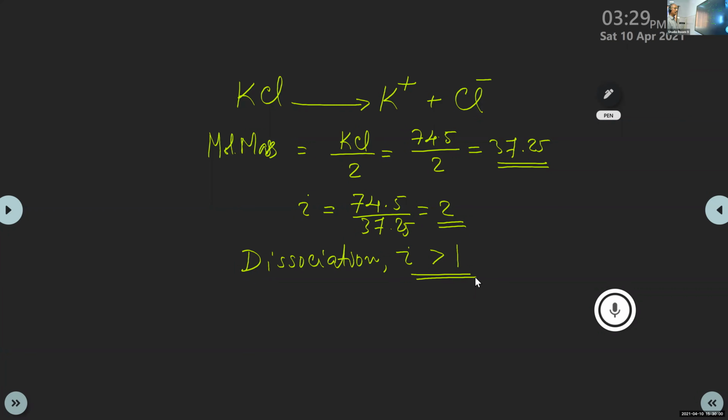If there is dissociation or ionization, the Van't Hoff factor i will be greater than 1. So from the Van't Hoff factor i, we can say whether there is dissociation or association. See, here i is greater than 1. So there is dissociation.